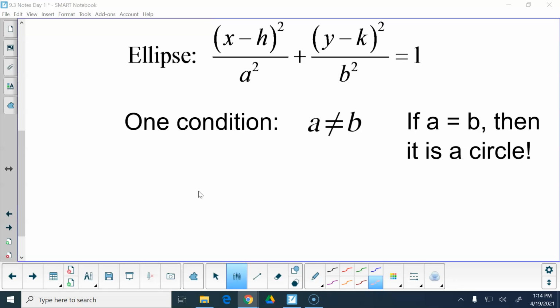One major condition is that A cannot equal B. Because if A does equal B, then A squared is equal to B squared, and then we have a circle. Yeah? So that is why A cannot equal B, because we don't want to be a circle, we want to be an ellipse.